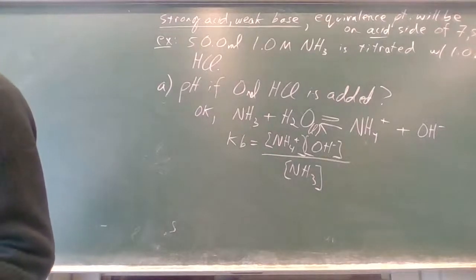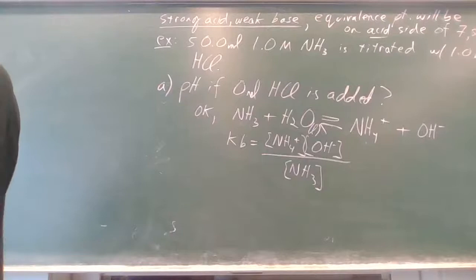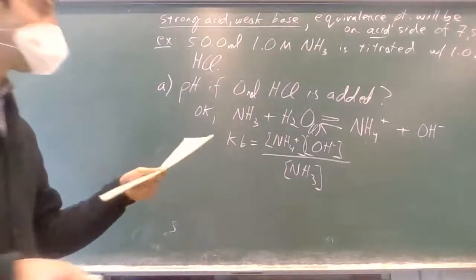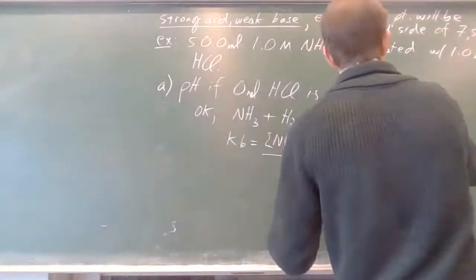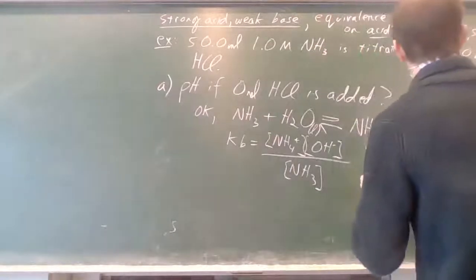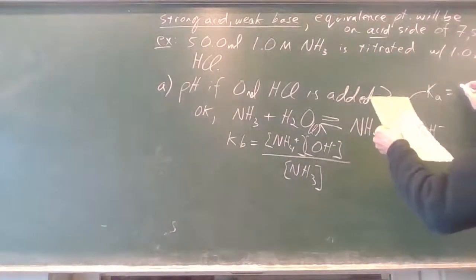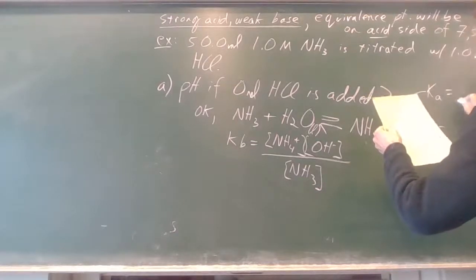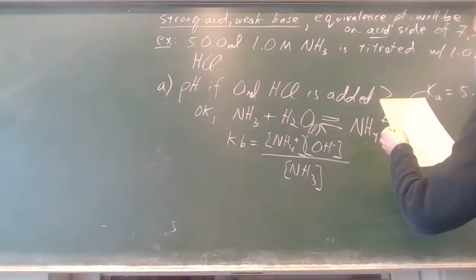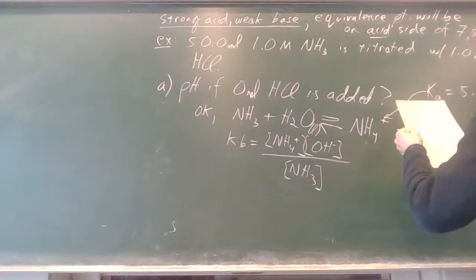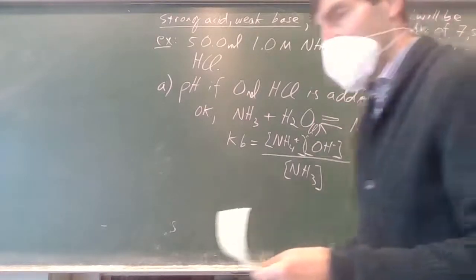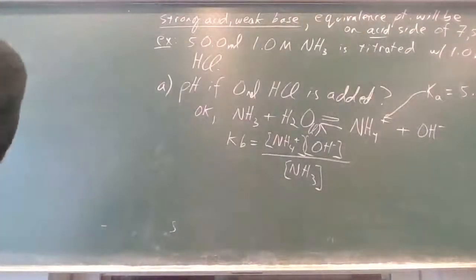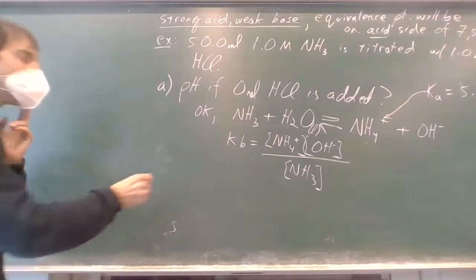Let's see if I just want to give you the KB. No, they didn't give it to me. Okay, so the Ka of this stuff is 5.6 times 10 to the negative 10. Can we do it in the problem?